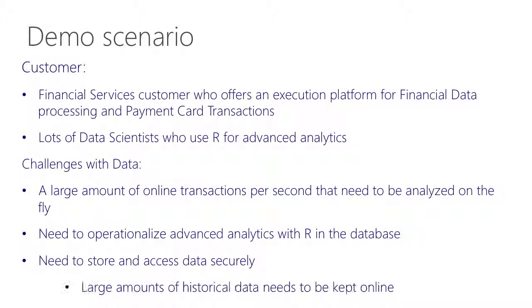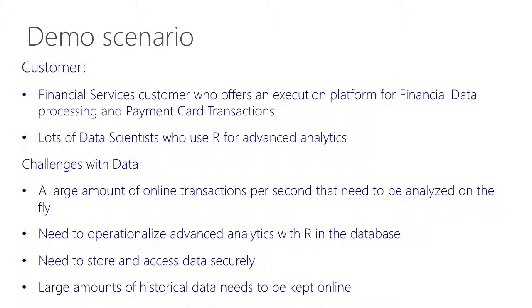They also wanted to improve the online consumer experience by offering a longer period of historical data for the transactions for their online services. Previously, that was not possible because the amount of transactions was so huge that it was very expensive for this customer to keep all that data online.